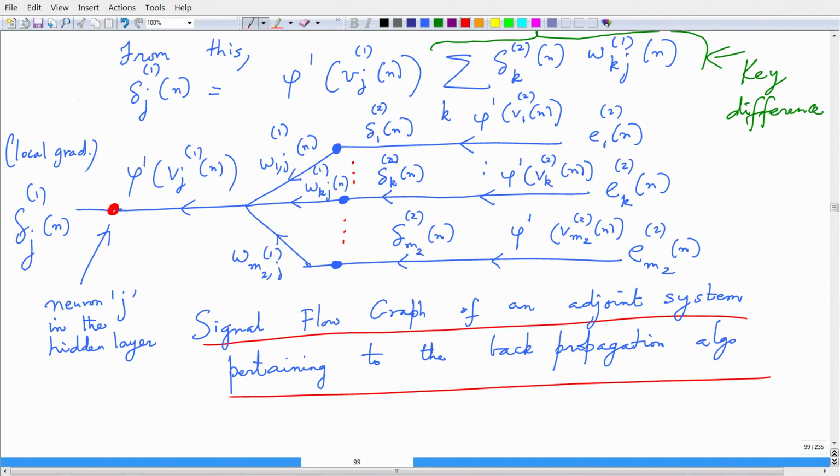So, the local gradient in the hidden layer for the jth neuron is the derivative of the activation function evaluated at the local reception field, that is the jth neuron in the hidden layer, times this summation of the product of two terms: the synaptic weight connecting the output neuron k with the hidden neuron j, times the local gradient at the output neuron k in layer 2, that is, output layer means it is layer 2, right. This is given by this equation here, this is important.